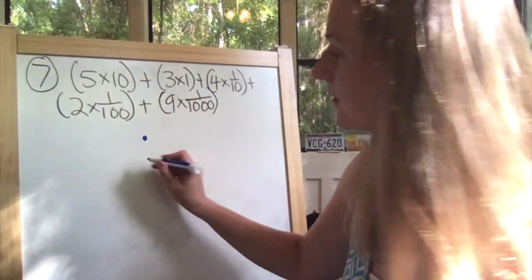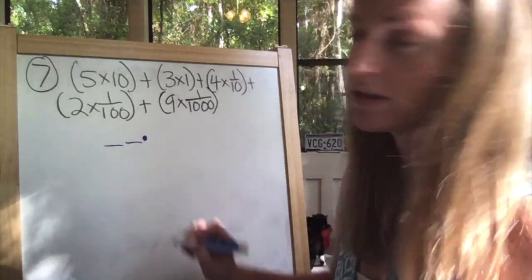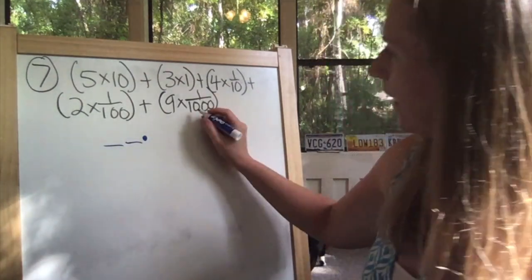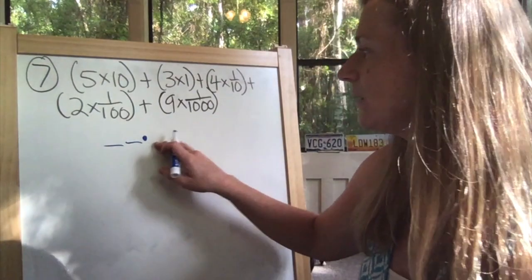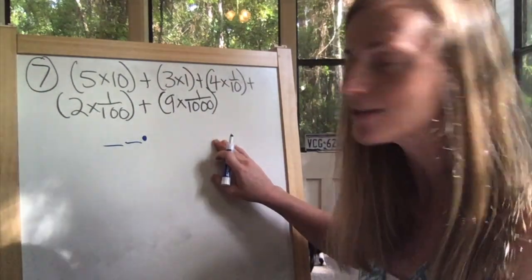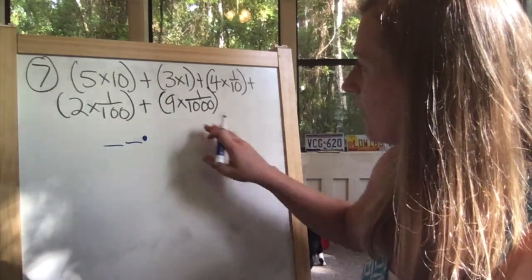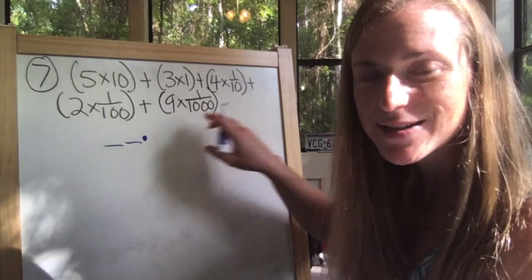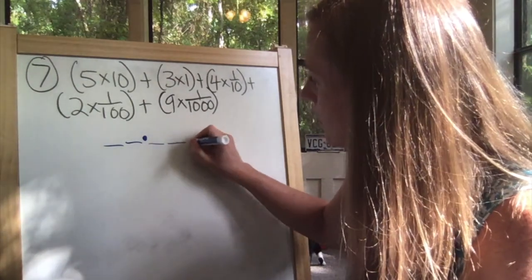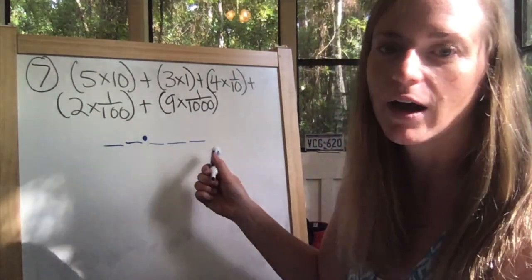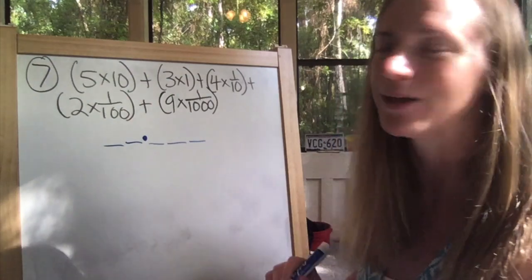And for the tens place, we need 1, 2. And now I'm going to look for the smallest place value to see how many lines we need to draw after the decimal. And 1/1000 is the smallest place value in here. So 1, 2, 3 for our thousandths place.